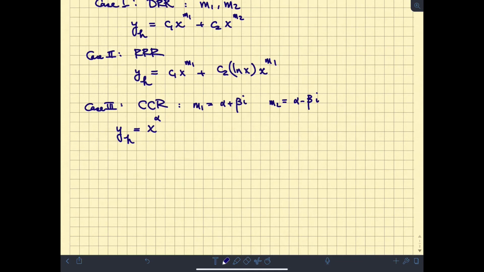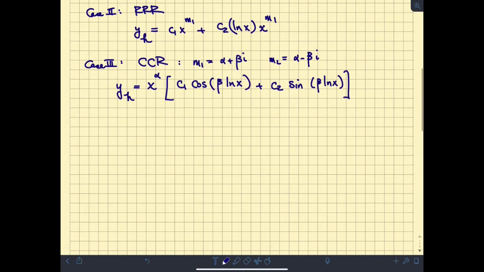Remember, it was e to the power of alpha x, but here, for the Cauchy Euler, it will just be a polynomial, so there's no exponential, just x to the power of alpha. And it'll be C1 cosine of beta ln of x, using the coefficient of the imaginary part, beta, and ln of x as the argument, plus C2 sine of beta ln of x. And this will be the case where you have complex conjugate pairs.